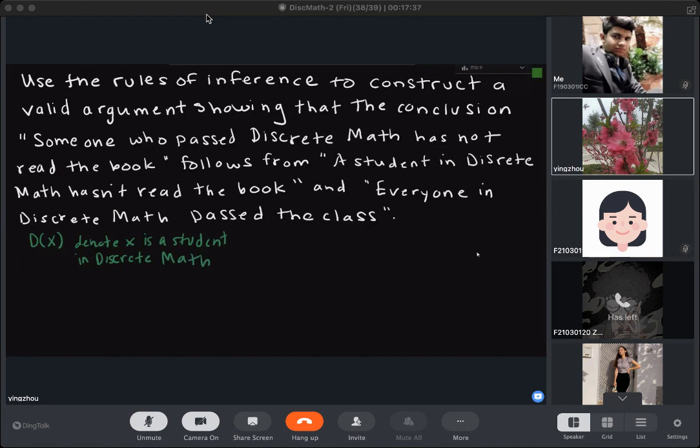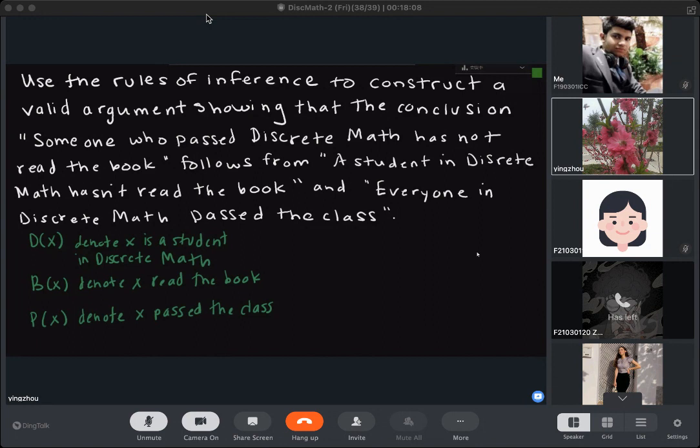Then I'm going to let b of x denote that x read the book. And lastly, I'm going to let p of x denote that x passed the class. So those are all of the things that I know: something about reading the book, passing the class, and obviously that the person is in discrete math.